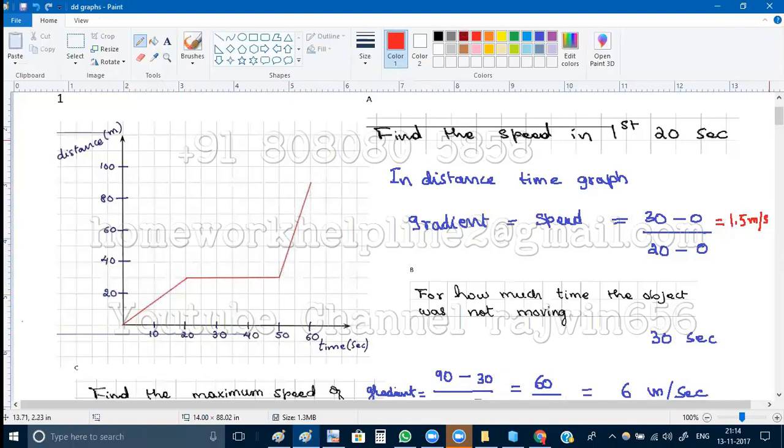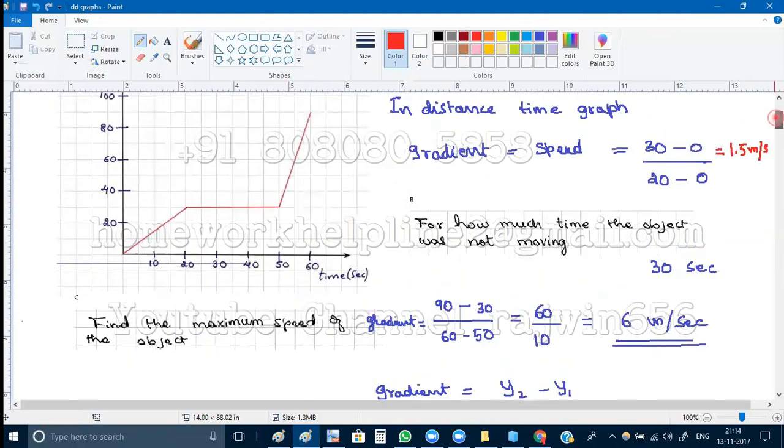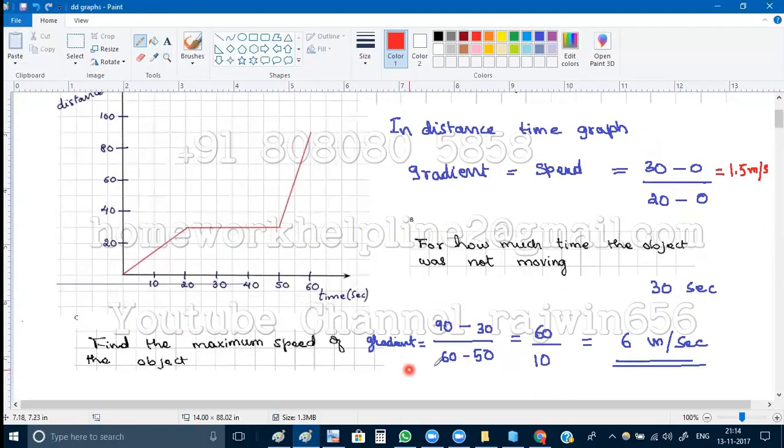Find the gradient at this point. You can see here this is 90, this is 30. For the time axis, this is 50 and this is 60. So just y2 minus y1 upon x2 minus x1. This gradient, the maximum speed, is going to be 6 meters per second.